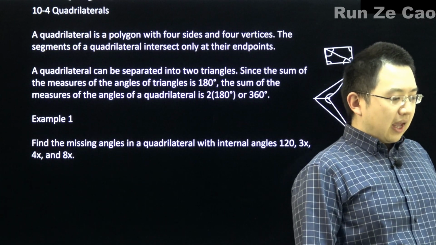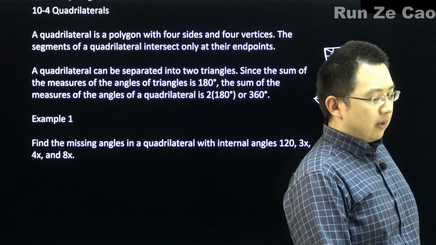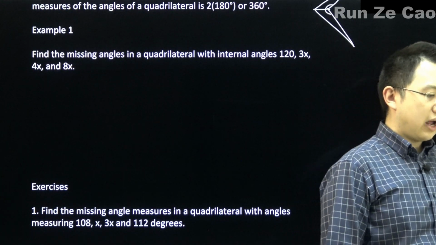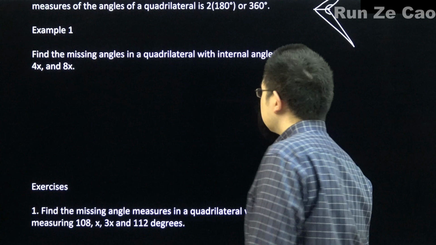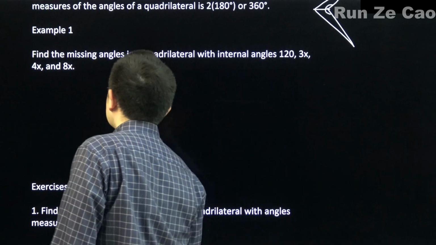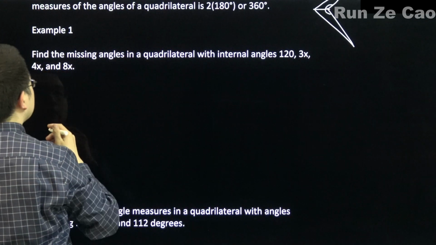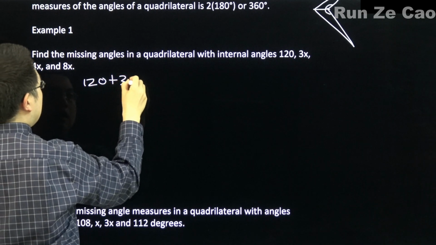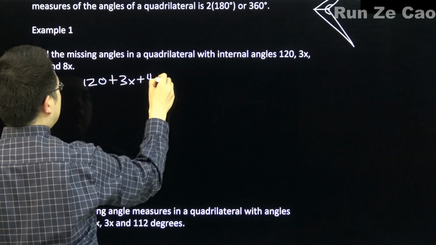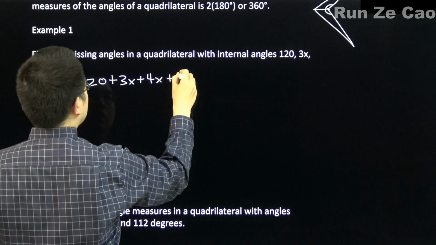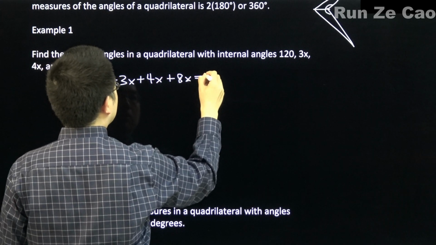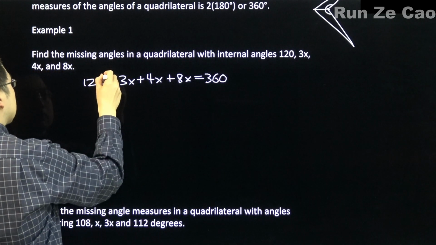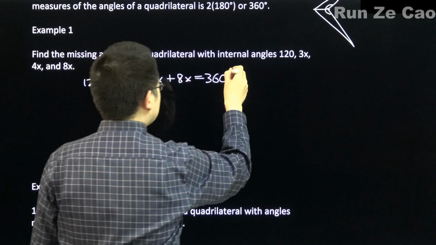Let's find the missing angles in a quadrilateral with internal angles 120 degrees, 3x, 4x, and 8x. Okay. So, we know that 120 plus 3x plus 4x plus 8x equals 360 degrees. Yes, technically we should go with a degree symbol.